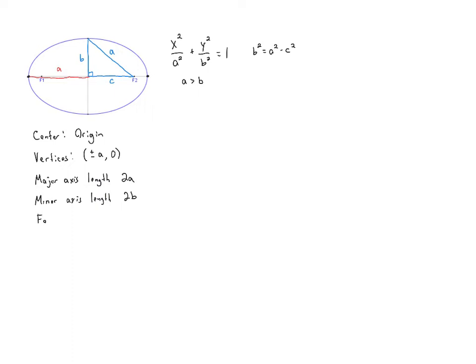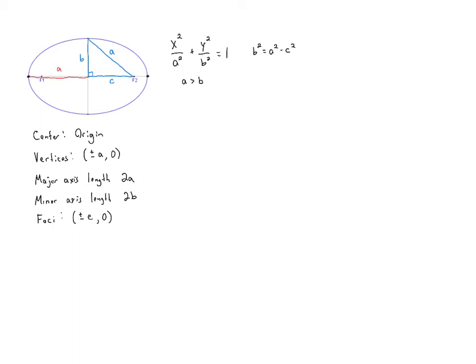And then the foci are going to be at the points plus or minus c, comma 0. So these are probably the most important parts of that ellipse, the things that we'll be looking at.